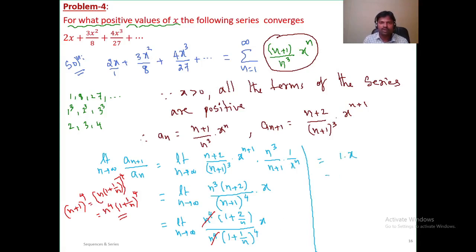So therefore, what do you get? The limit value, this is the L value. Look at the question now: for what positive values of x does the following series converge? When it converges, if the L value is less than 1, right?